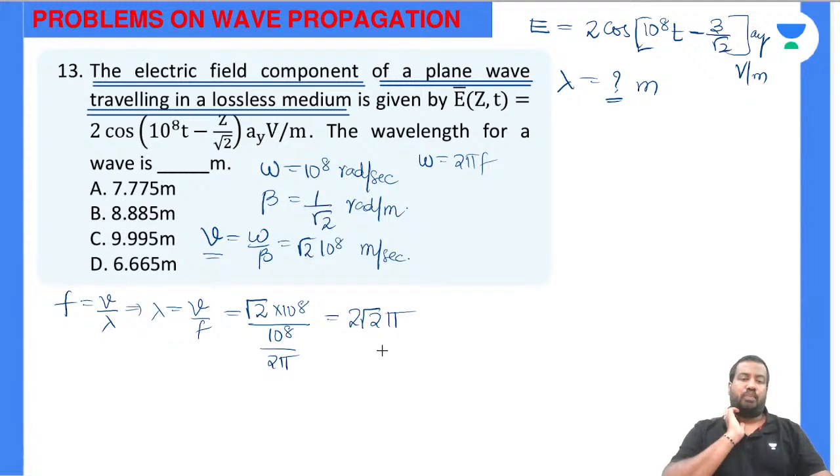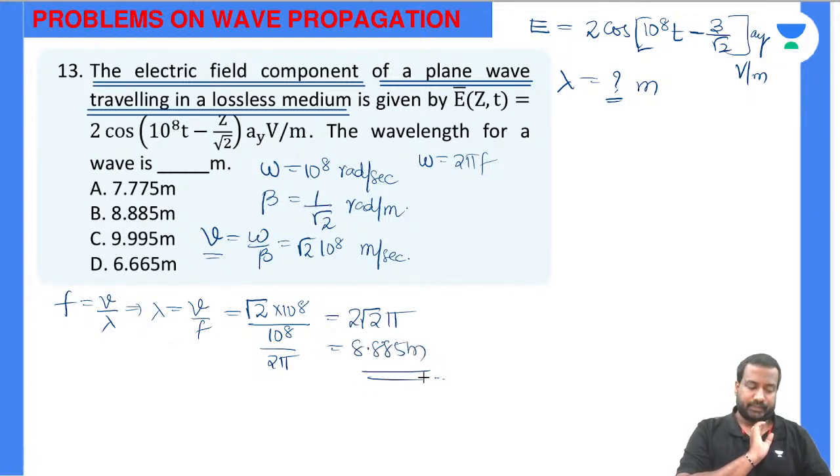This is 2 root 2 pi. Substituting, lambda will be 8.885 meter.